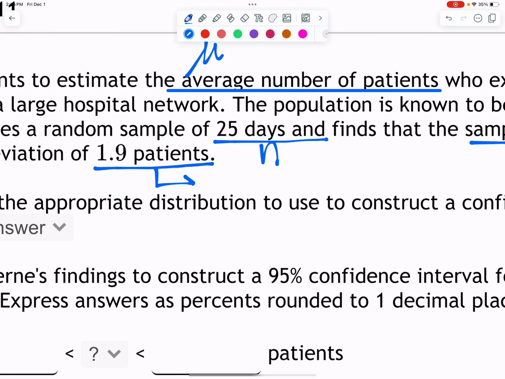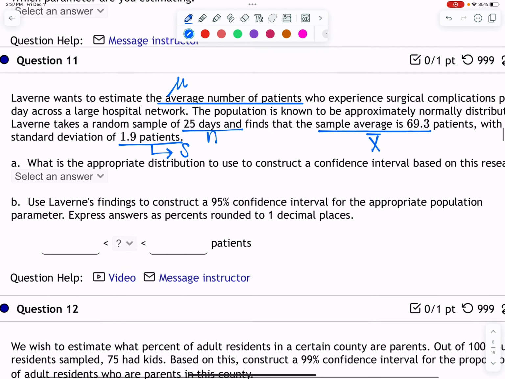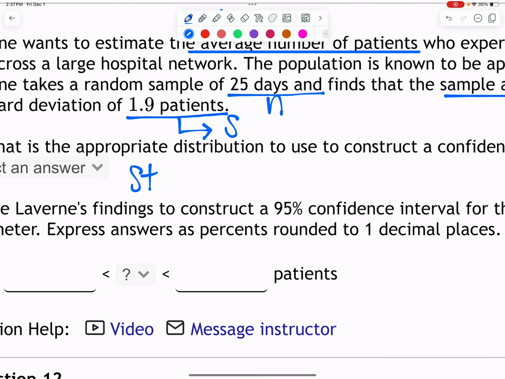Y'all, this is coming in the same section as the sample data, so this is the sample standard deviation. Now, because we have an approximately normal distribution, and we know the sample standard deviation, this is student T for the means.